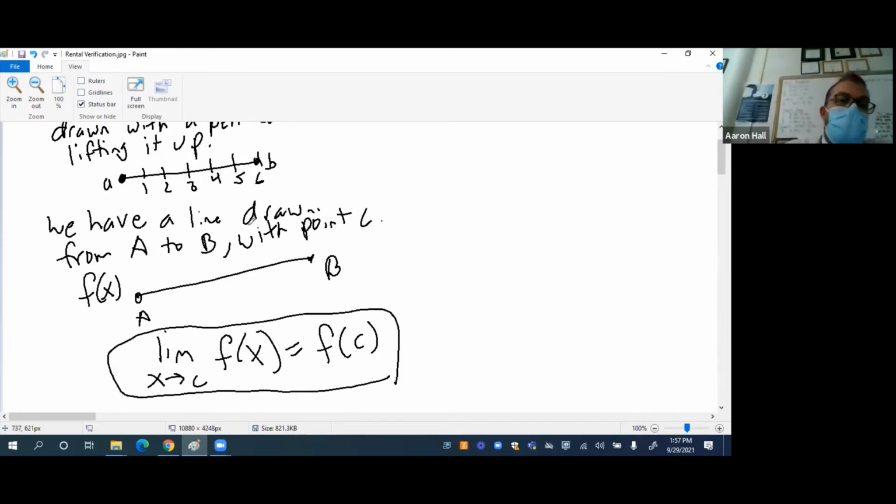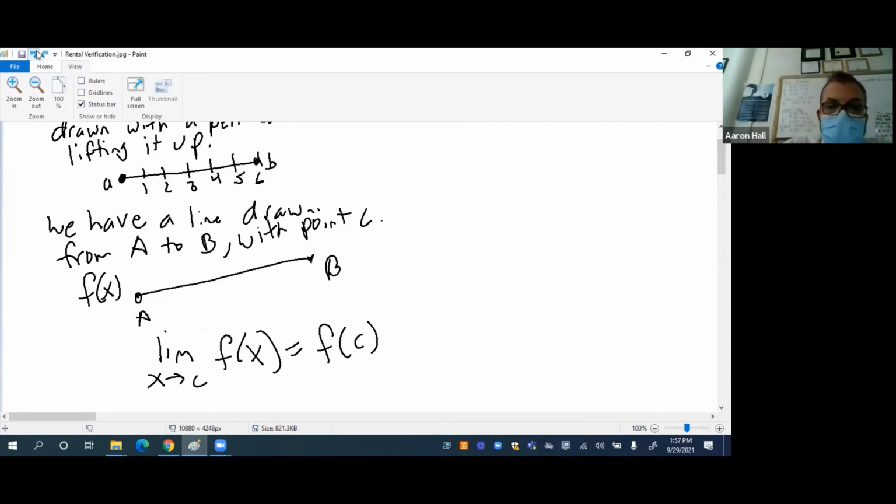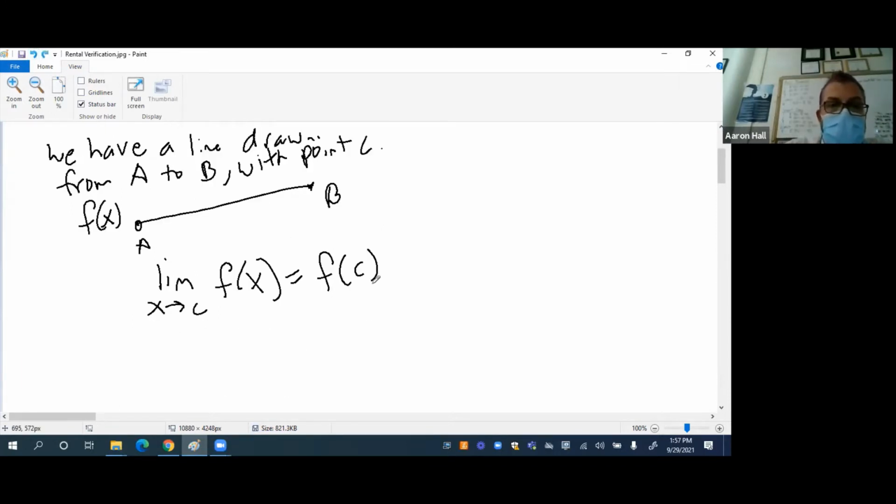The way that we interpret this for our function f of x is, let's do an example. Let's do f of x equals 2x plus 3.